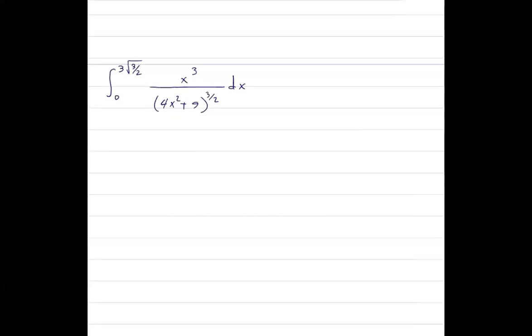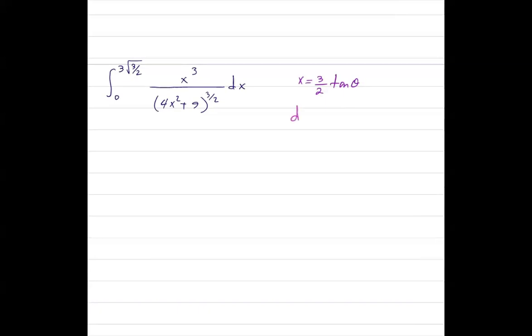I'm going to take x to be a coefficient of tangent function. So let us take x to be equal to 3/2 tangent theta. Very well. So what is dx?